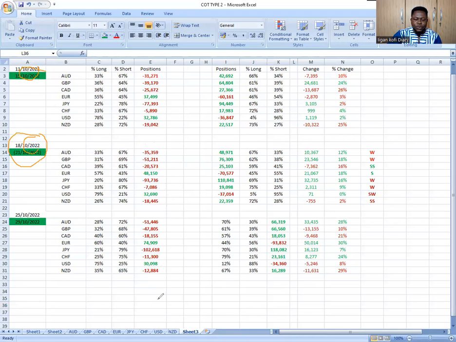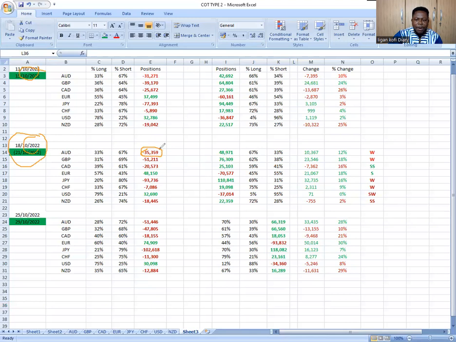Now, this week, just Friday, 29th, the report came. Now, looking at last week, AUD had the total number of traders who are bearish being 35,359.